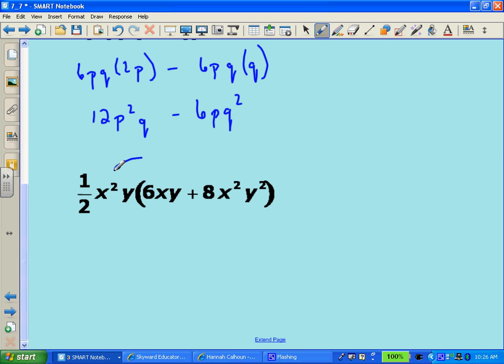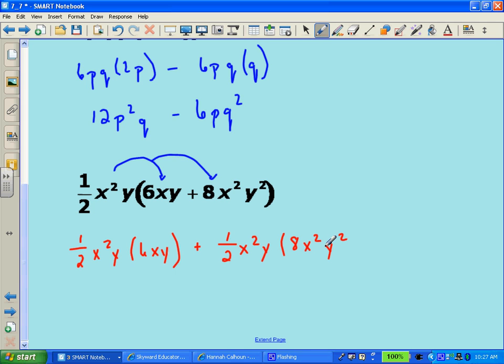And for the fun stuff, okay, again, I'm going to take what's outside and I'm going to multiply it by each part in there. So I've got 1/2 x squared y times 6xy. And I've got 1/2 x squared y times 8x squared y squared.